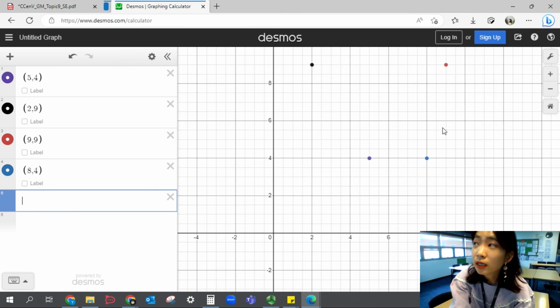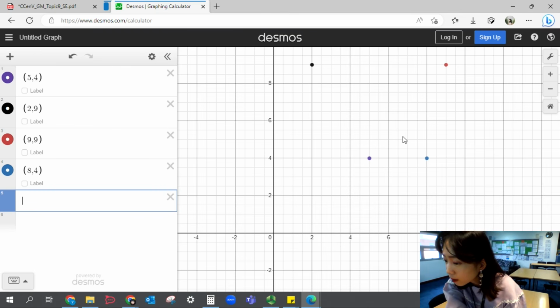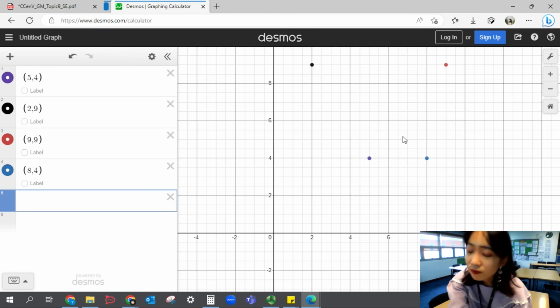In that case, you have to use the trapezoid equation where you do base plus the other base divided by 2 times height. So in this case, because your y values are the same, right? We have the y values as 4 and the y values of 9.